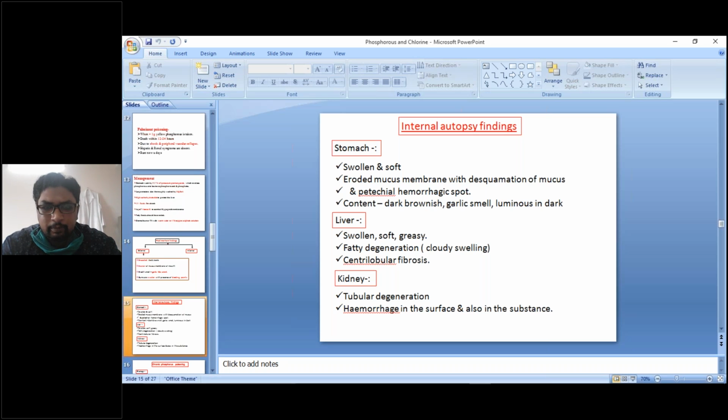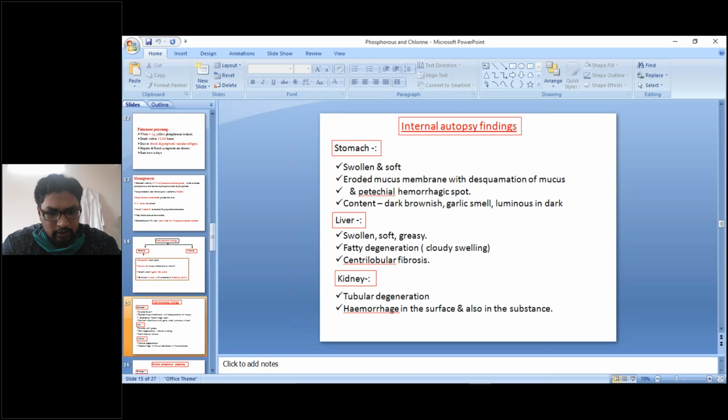It is because of bleeding from the erosions on the stomach wall, and this reddish brown bleeding changes as time goes on. So the vomitus is dark brownish in color. It is luminous, it glows in the dark, and it has a garlicky smell.